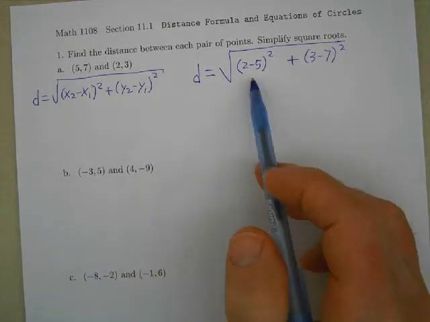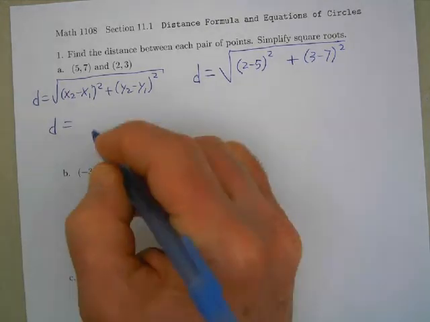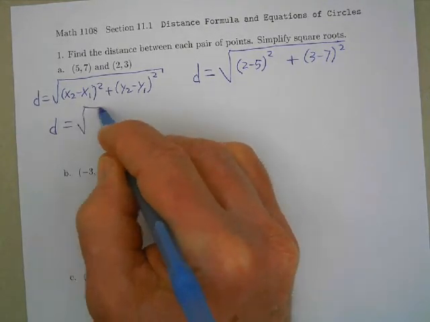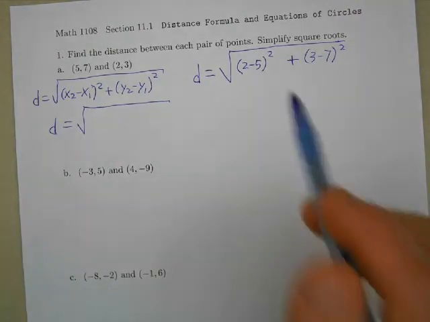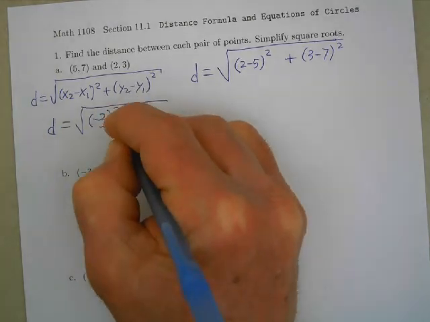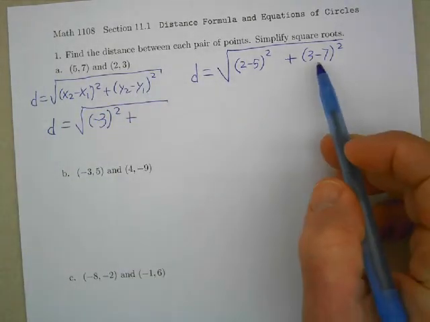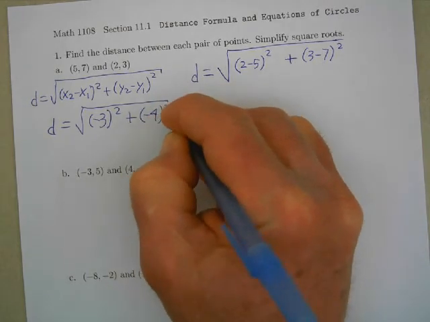And then we'll just do the arithmetic on the inside of the square root. Okay, 2 minus 5 is negative 3, so we get the number negative 3 squared. And then plus 3 minus 7 is negative 4, so it's negative 4 squared.